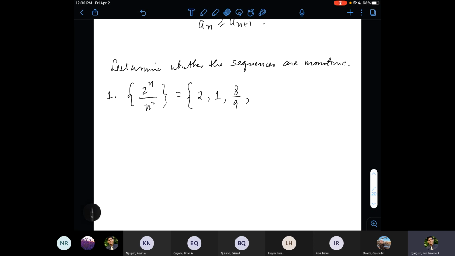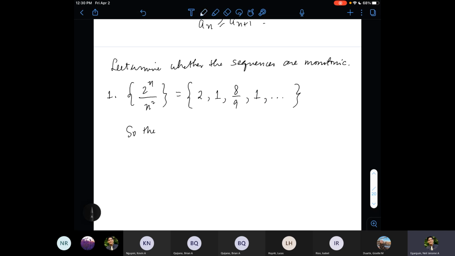Oh, that's good. That's going to be 1. And so on, but here I can stop because I already found a counterexample. From the first term, it decreased, and then it decreased. But from the third to the fourth term, there's an increase. So it is not monotonic.